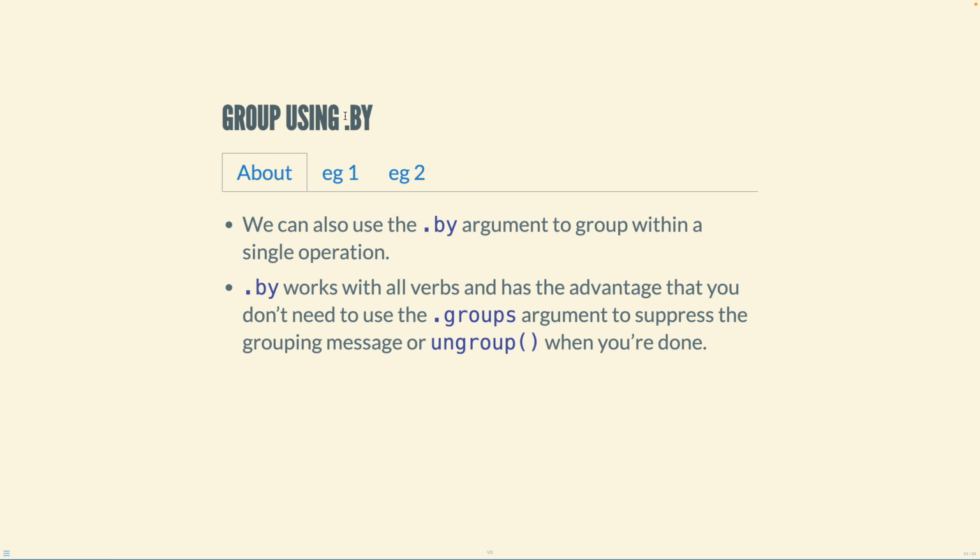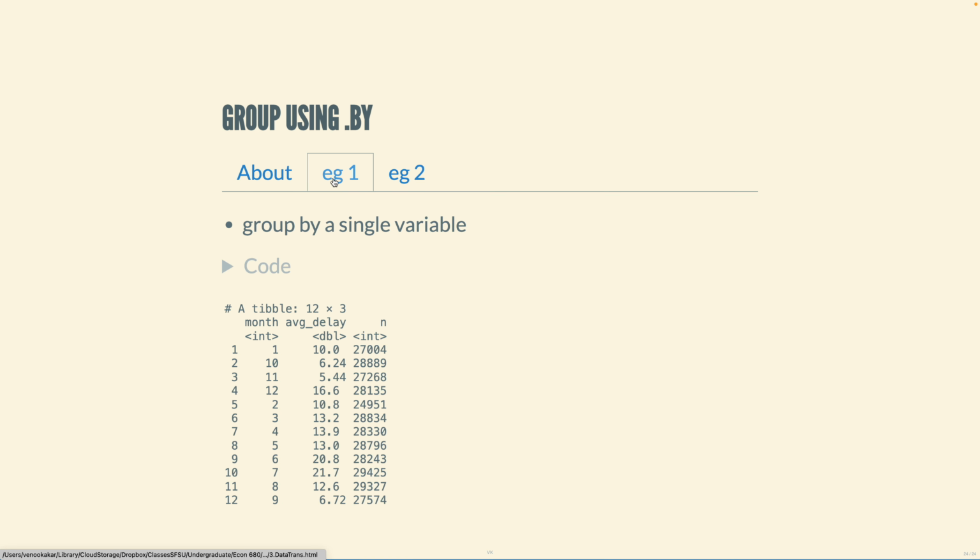Now there is a function, or sort of an argument, called dot by, that you can use if you don't want to do what we were doing before. So this is sort of new, so you should just learn about it. We can also use the dot by argument to group within a single operation, okay, but it can work with multiple variables as well.